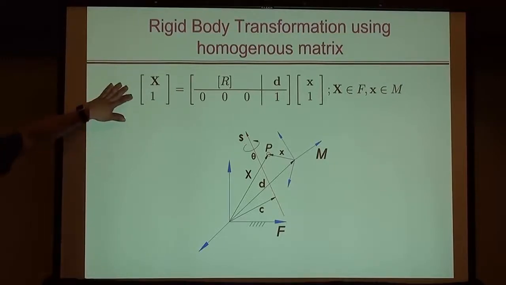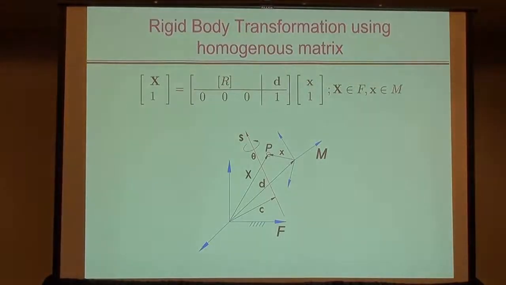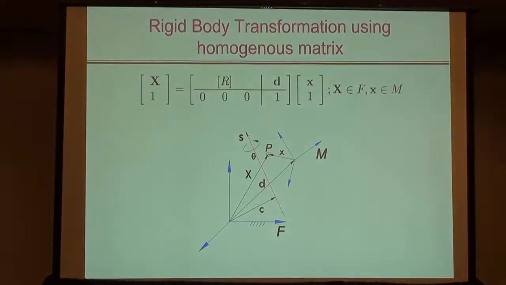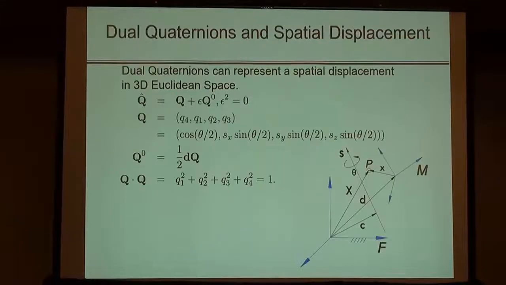With homogeneous coordinates, this is a well-known homogeneous transform. If you take any kinematics class, you would have seen this. Now, dual quaternion. We talked about quaternion so far. It represents a rotation in 3D space. Then what about a general displacement that has a rotation as well as a translation?